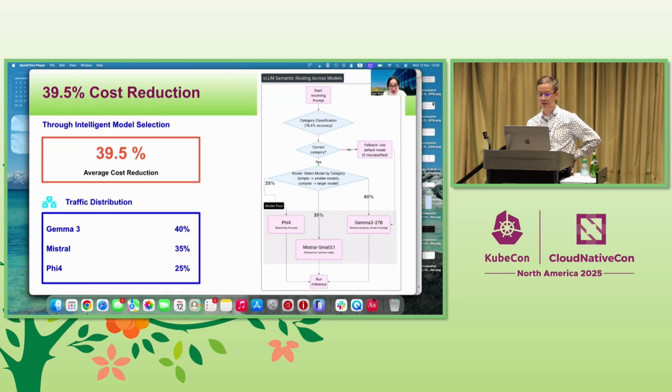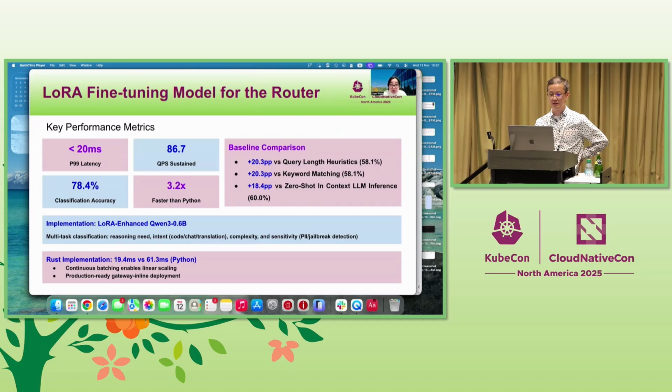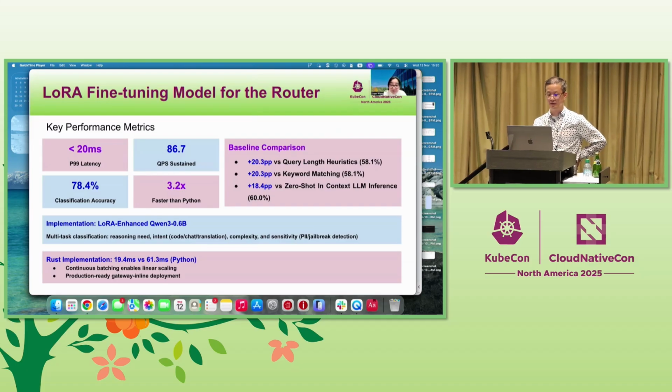Now let's take a look at how we achieve this routing decision with minimum latency. For the router to work, it has to be fast. We can't introduce routing overhead that negates the cost savings. Our LoRA-based router is designed for inline gateway deployment, running on cheap GPUs like the L40. We use a lightweight fine-tuned Qwen 0.6 billion model with LoRA adapters.